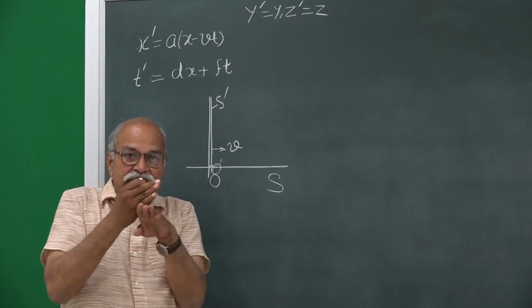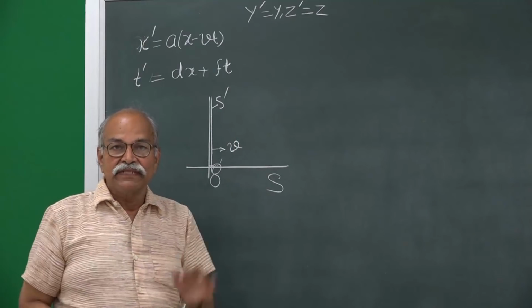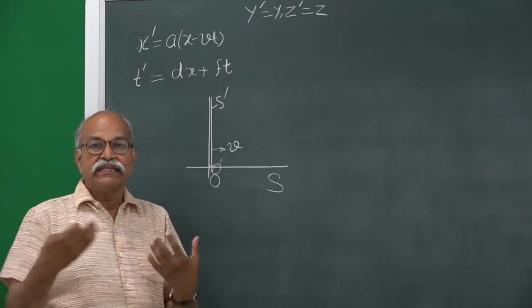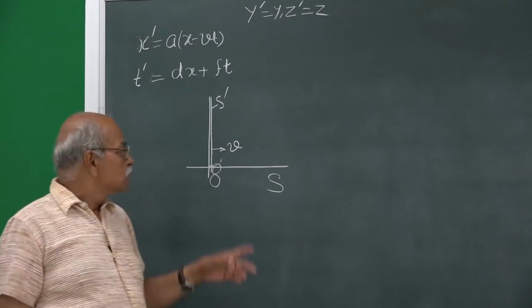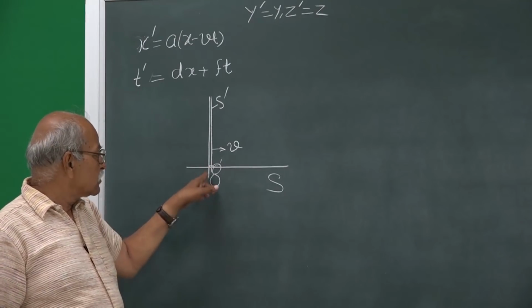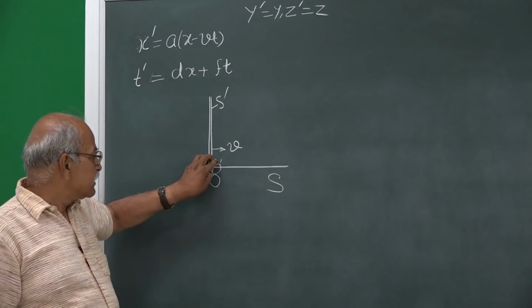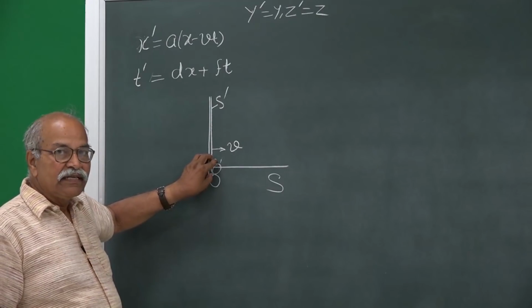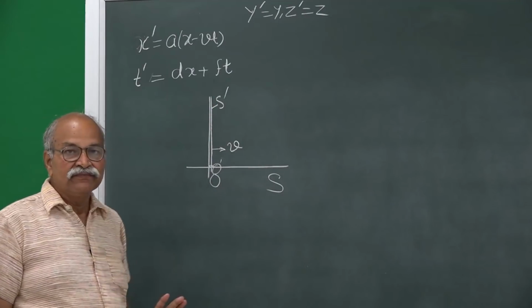And at the crossing, at that instant, some electromagnetic radiation pulse, a very short pulse, is generated, and that spreads in all directions, this side, this side, all sides.